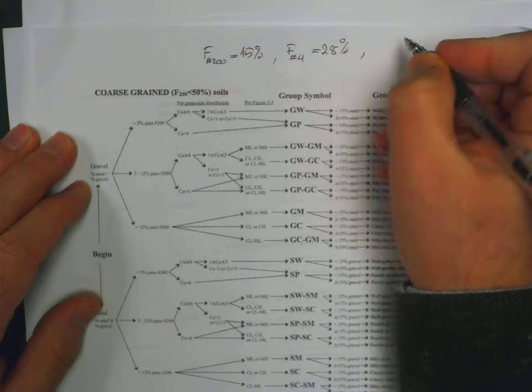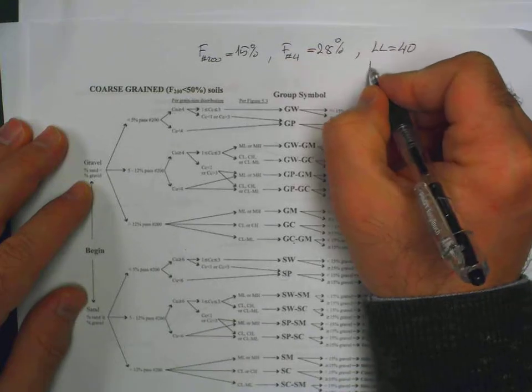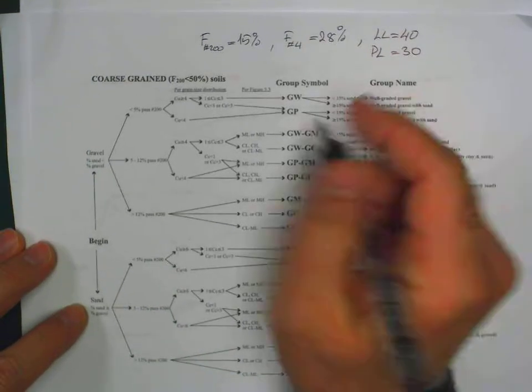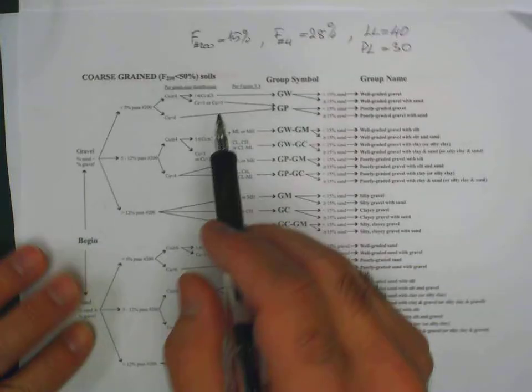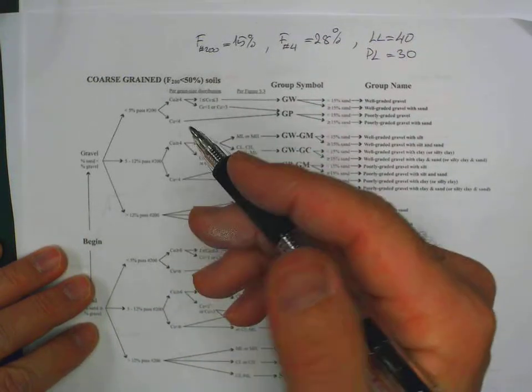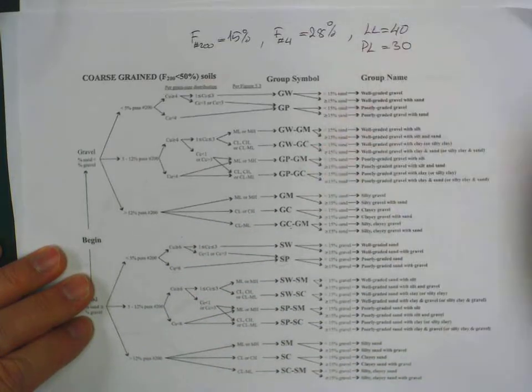I also said liquid limit is 40 for the material passing number 200 sieve, and plastic limit is 30. For this soil, this is actually all the information we need at the moment. Since we have grain sizes, we can calculate C sub C and C sub U later if needed. But let's just stick with this for a second.